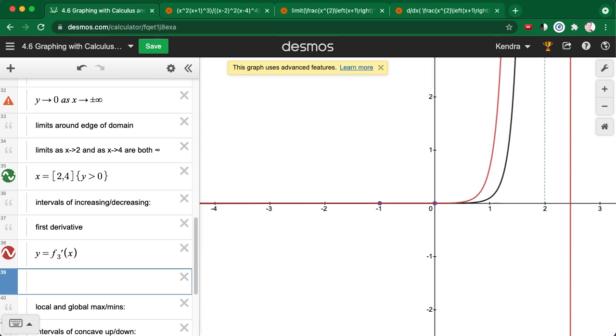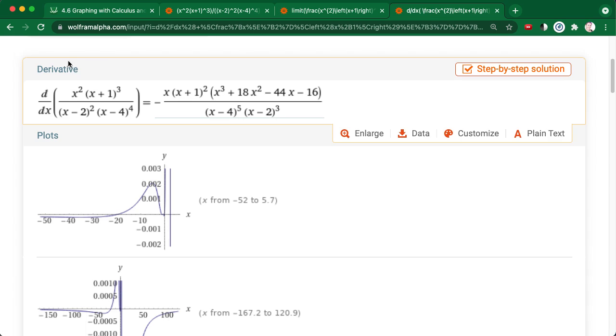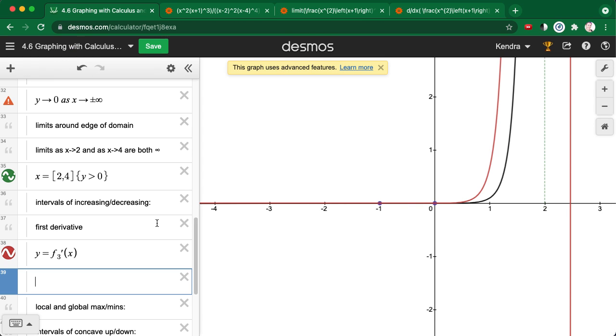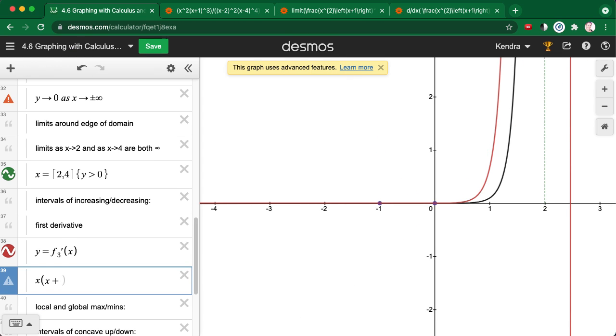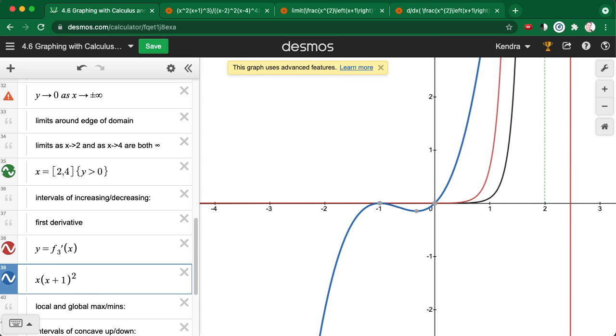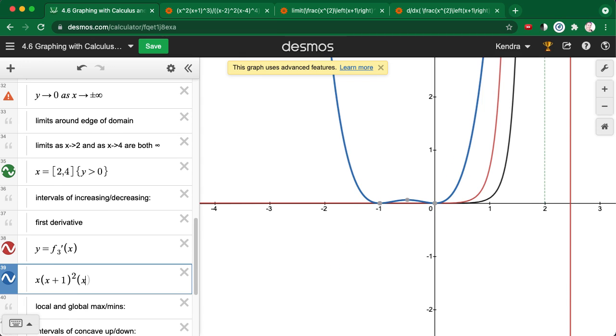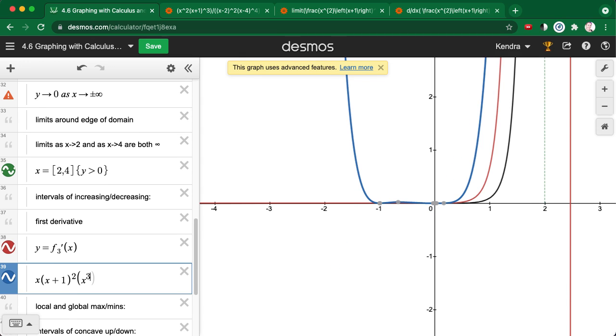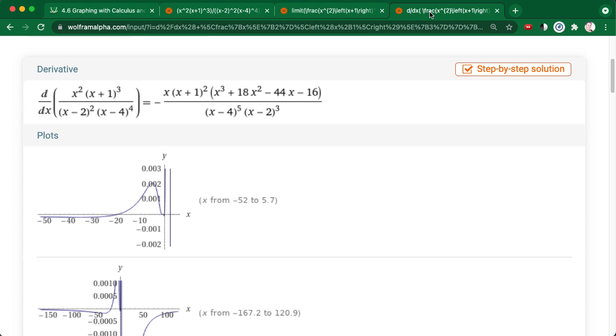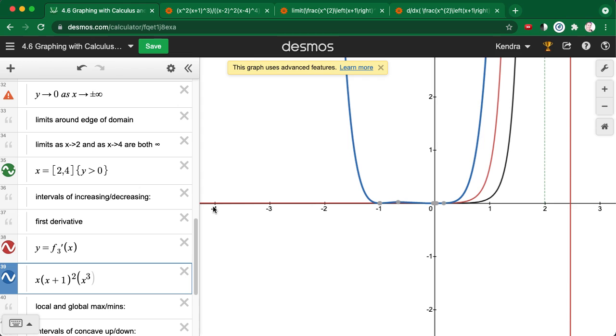But yeah. So let me pull that up again. It is x times x plus 1 squared times x to the third power plus 18 minus 44 minus 16.